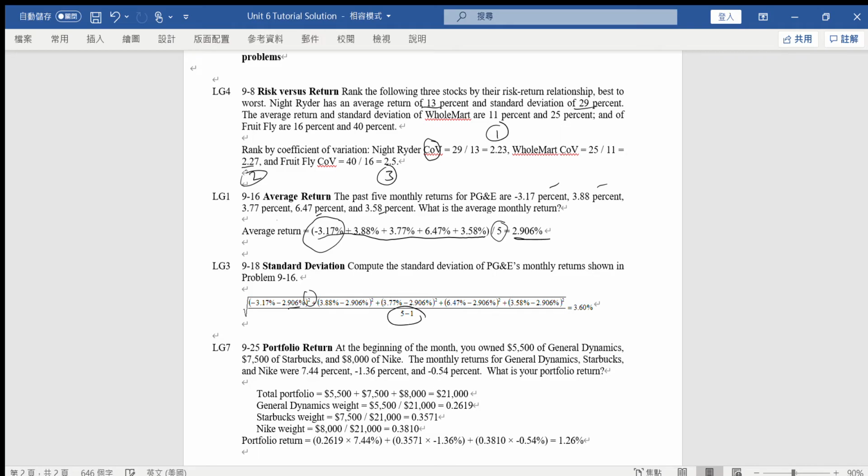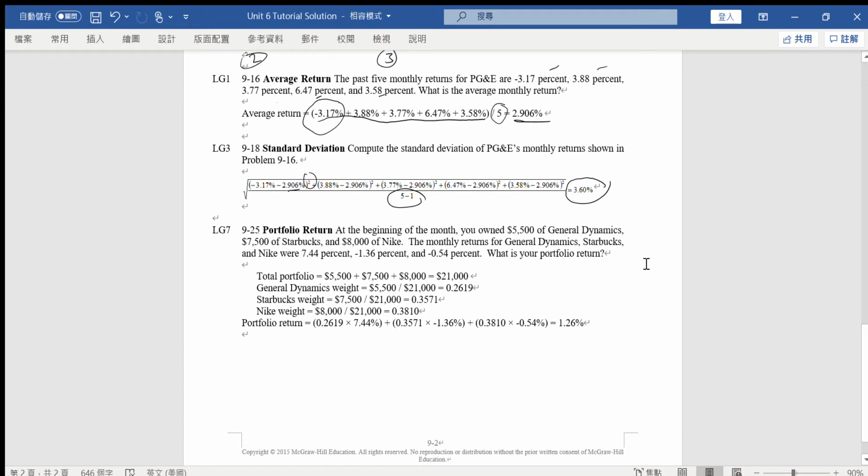Remember, n minus 1 is for a sample only, not the population. There are 5 figures, so 5 minus 1. The standard deviation for this PGE company will be 3.6.